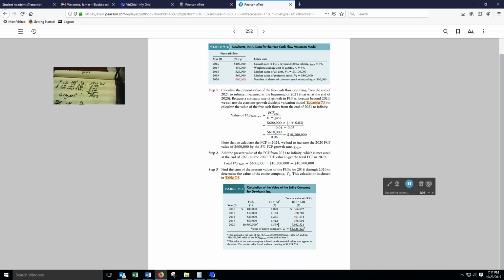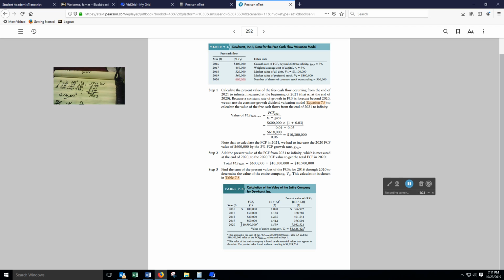Divide it by 1.09 to the fifth power, and we'll get $7,082,521.